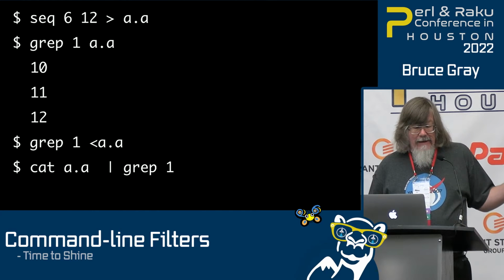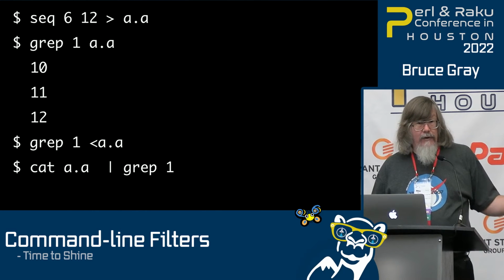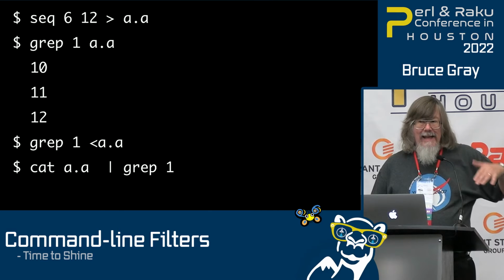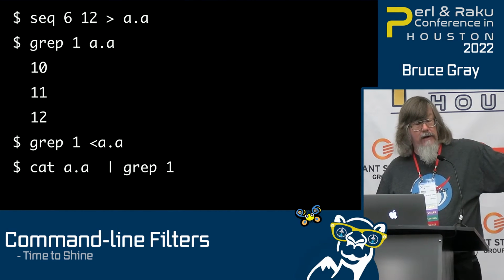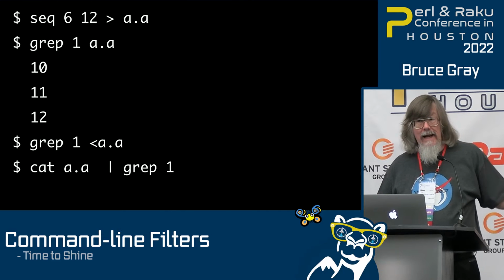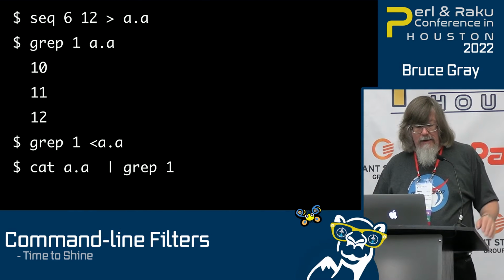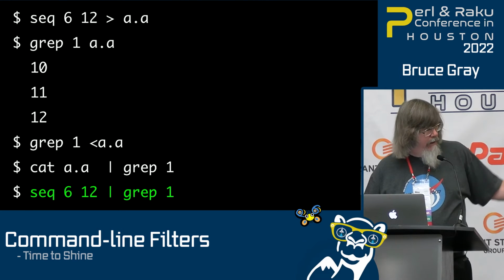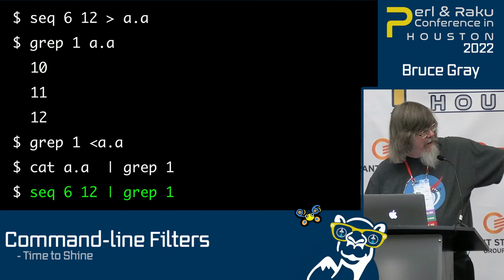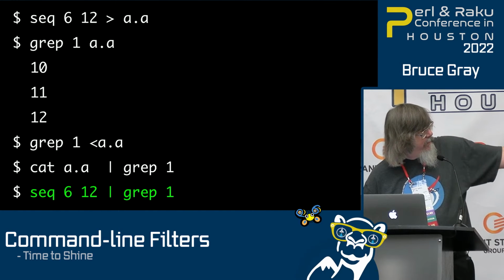If you don't need the output in a file, if you're not going to do something completely different with A.A, you don't need A.A at all. With the pipe, you can just go directly from sequence into grep. These should all produce the same output.